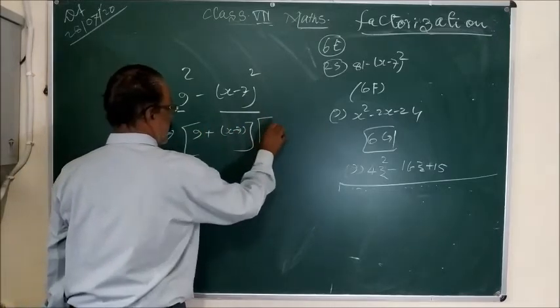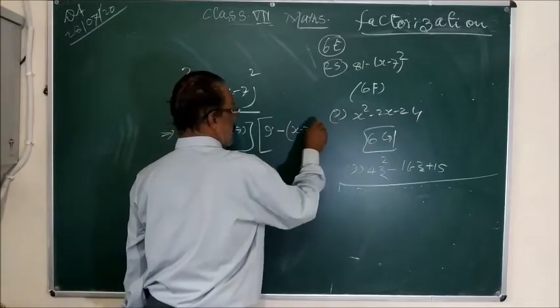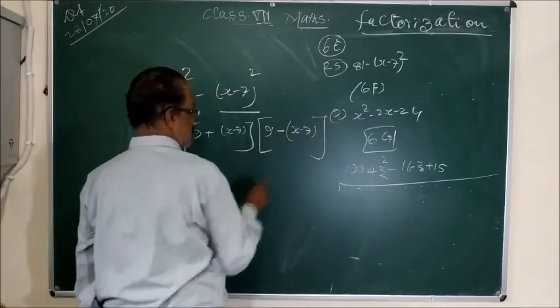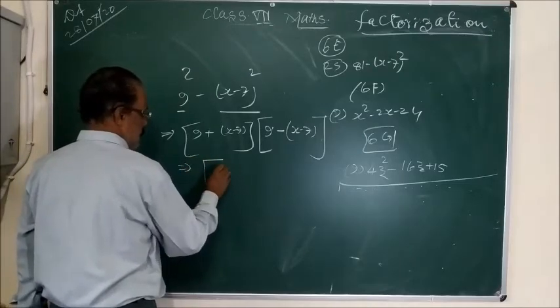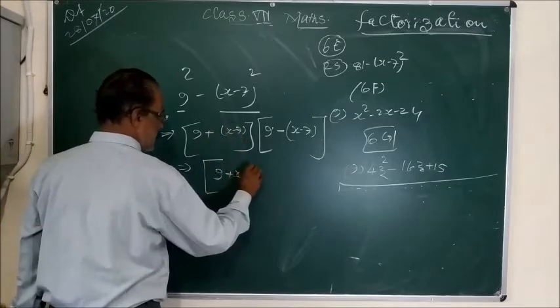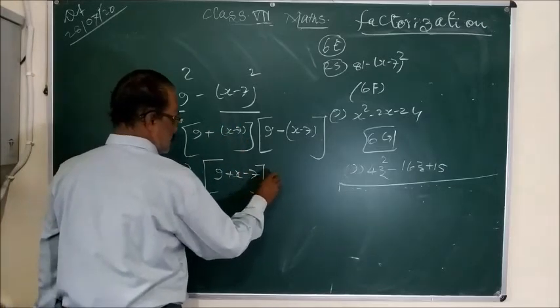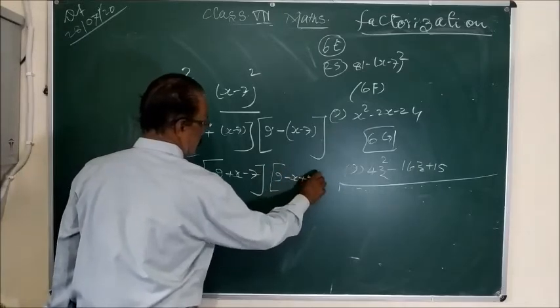And a minus b. इसको ब्रैकेट में रखना जरूरी है क्योंकि ये ब्रैकेट खोलेंगे तो साइन बदलेगा. Sign is very important in mathematics. 9 plus x. Now you can remove the bracket. And this will be 9 minus x plus 7.